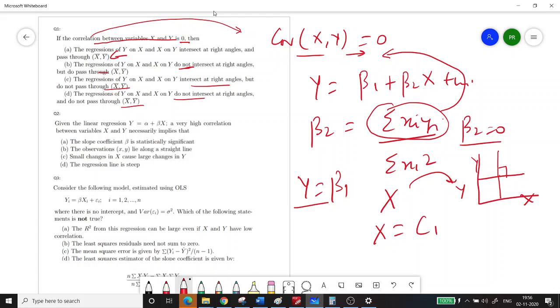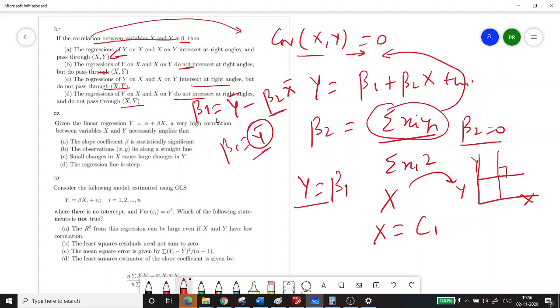So now what is the mean value of x bar and y bar? You must understand that beta 1 is y, or summation yi divided by n. So beta 1 you can write as y bar minus beta 2 x bar. Now this beta 2 is equal to 0, so beta 1 in this case becomes y bar.